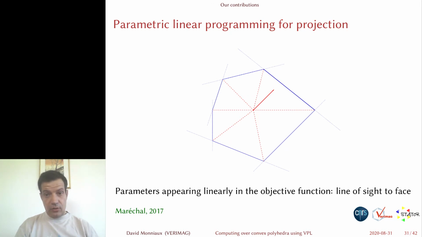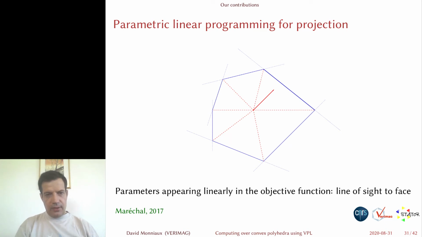What is parametric linear programming? Normal linear programming means that you take one direction in space, you take your polyhedron, and you give, if the polyhedron is bounded, a vertex that is optimal with respect to this direction.